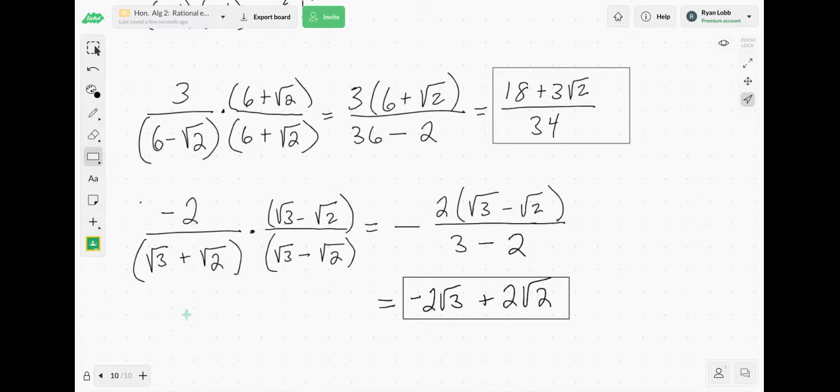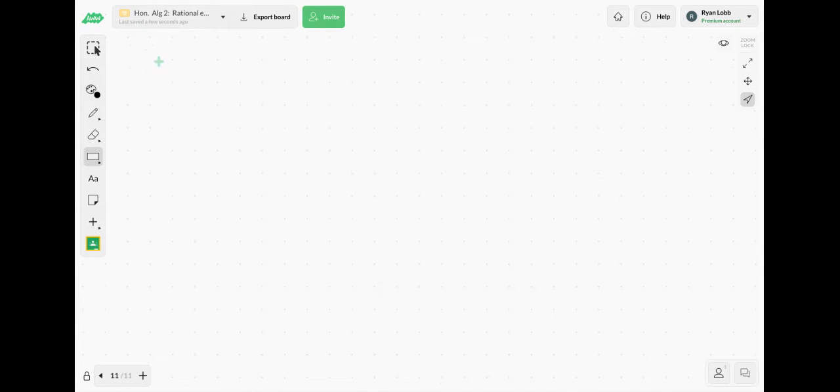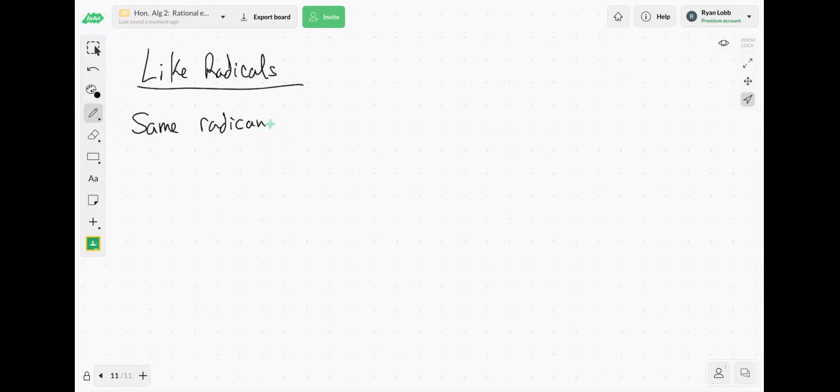All right, next quick thing here is like radicals. Like radicals means same radicand, same index.